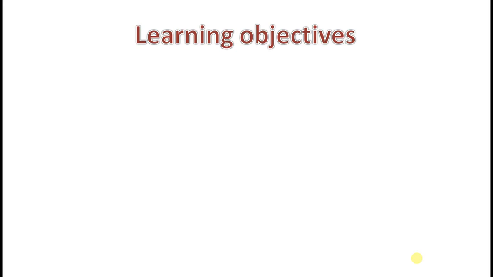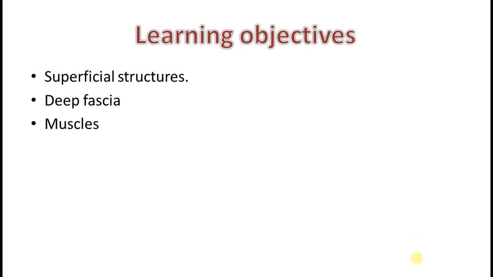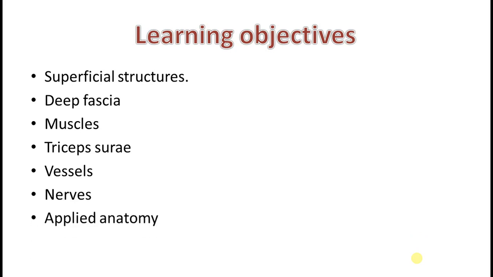The learning objectives for today, with respect to the posterior compartment, will be the superficial structures present on the posterior aspect of the leg, then the deep fascia and how it is disposed around the leg, then the muscles present in this compartment, mainly the two muscles that combine to form the Triceps Surae, then vessels and nerves of the posterior compartment, and finally some applied aspects.